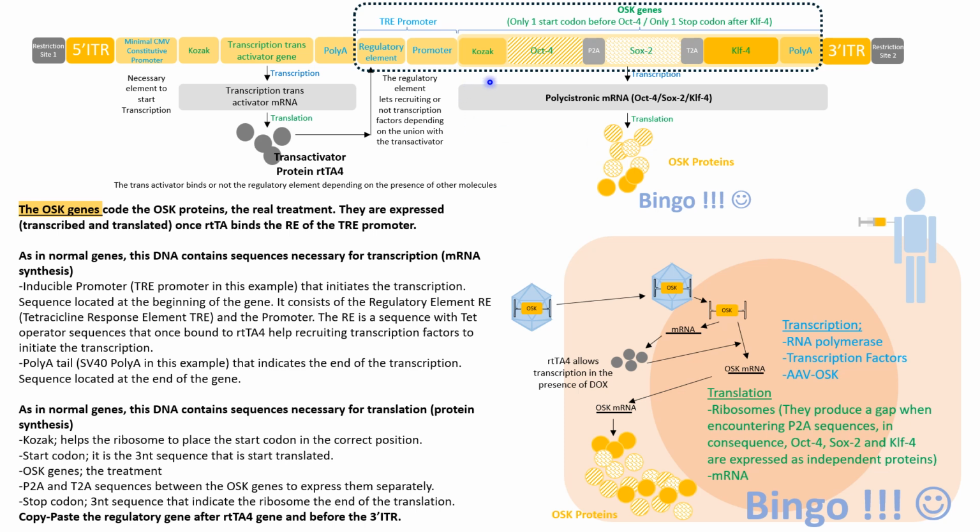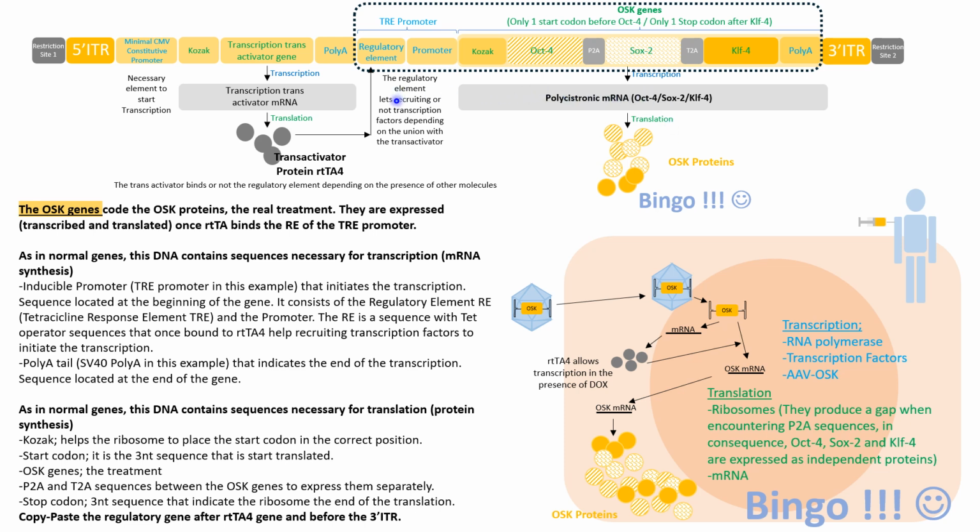We have the Kozak sequence and the start codon initiating the translation, and the sequences of the different genes. In between the different genes, we have sequences called P2A and T2A that produce gaps. That is to say, they let us produce proteins independently in a multicistronic fashion.